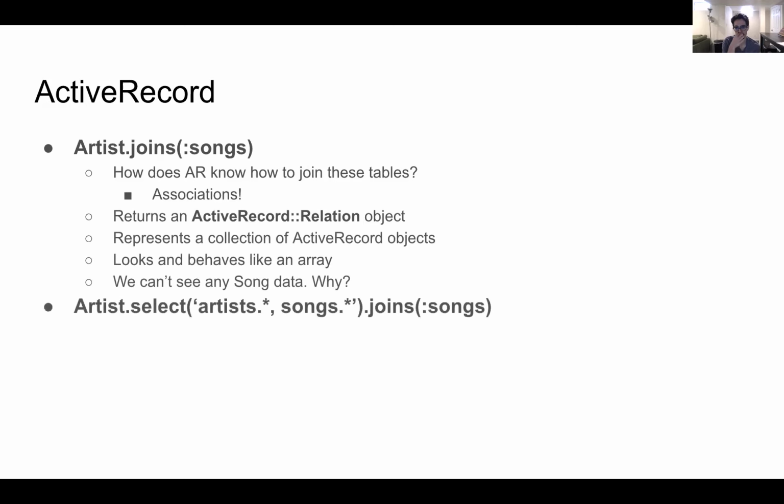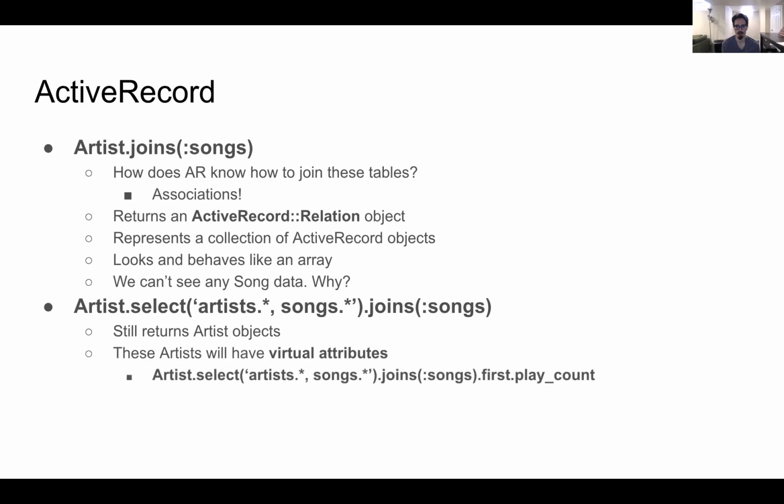Then we added in artist.select(artists.*, songs.*). By default, artist.joins(:songs) will just select artist information. So if we try to override the select statement, it will still model that data as artist objects, and they will have virtual attributes. This is what I was describing before.